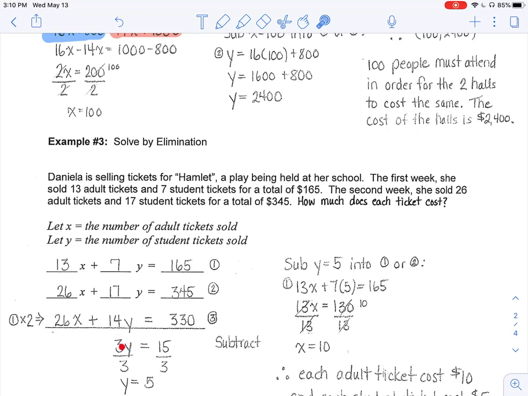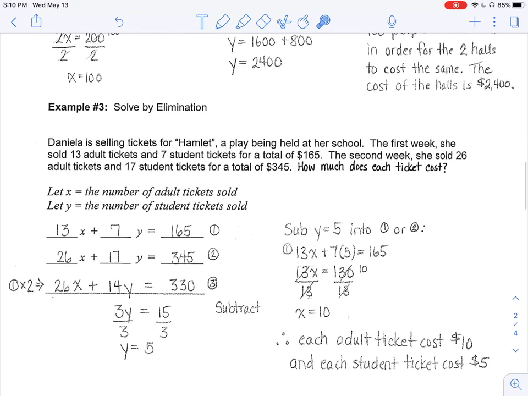So now you have 3y is equal to 15, divide both sides by 3, we get a y value equal to 5. Now, we have a y value where we have a variable value, sub y equal 5 into either 1 or 2, right, the original equations. So if we use our first one, 13x plus 7y, we know our y value is 5, equals 165.